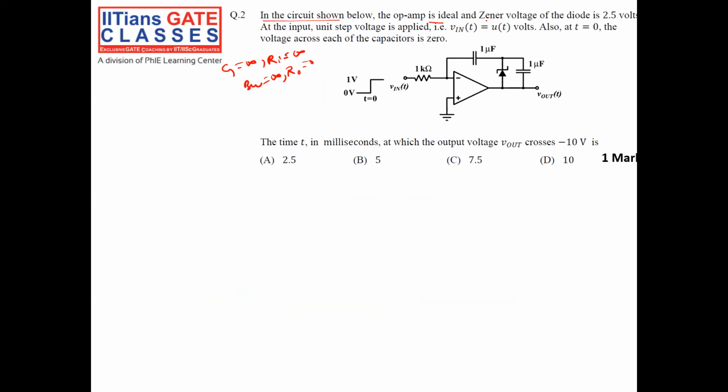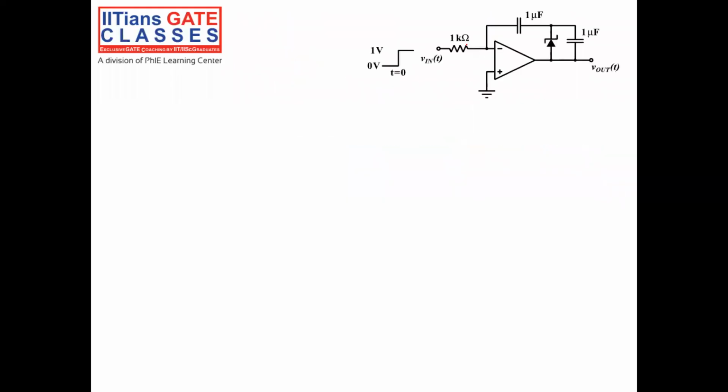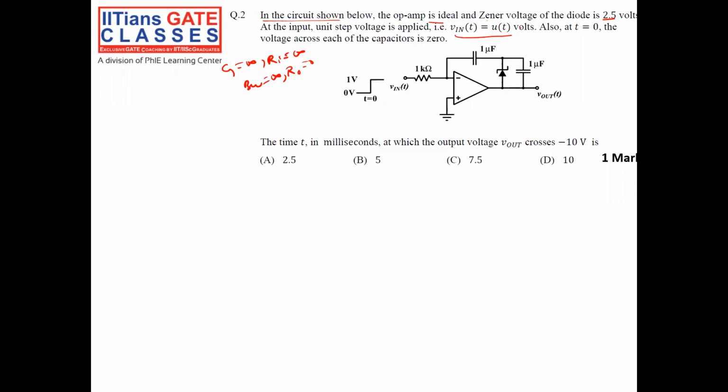And the Zener diode has a voltage of 2.5 volt. At the input, we have applied a unit step voltage, so Vin is equal to u(t). Also at t equal to 0, the voltage across each capacitor is 0, right? So this is the question.